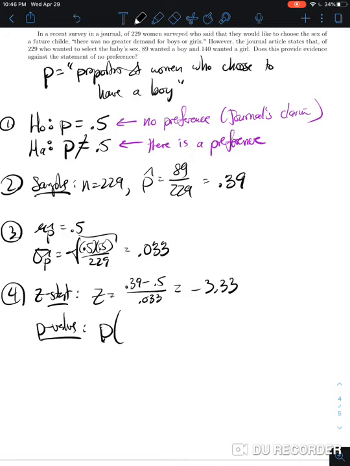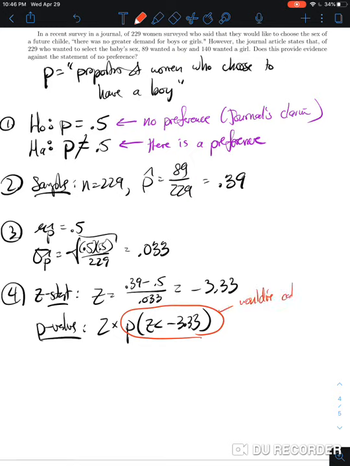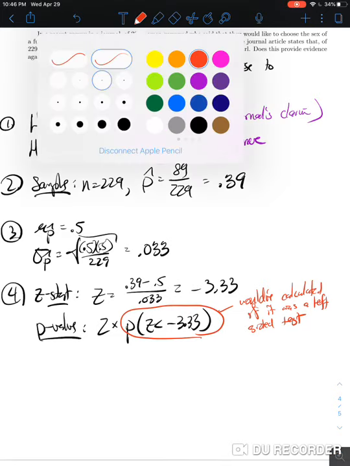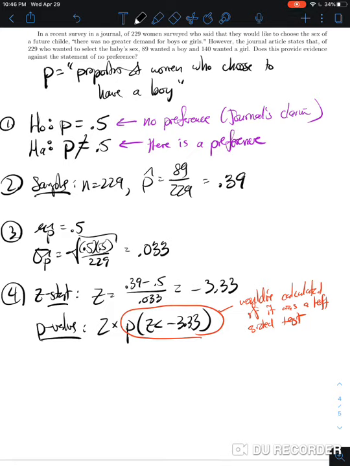So then the p-value is, here's where it's different. Since it is a two-sided test, I have to do 2 times the probability that z is less than negative 3.33. This value right here is what I would have calculated if it was a left-sided test. Because it's double-sided, I still calculate that value, but I have to multiply it by 2, because it just so happens that the boys landed on the left-hand side of my null hypothesis.